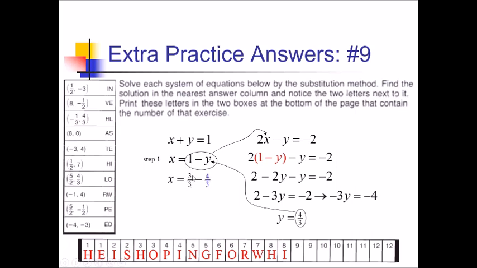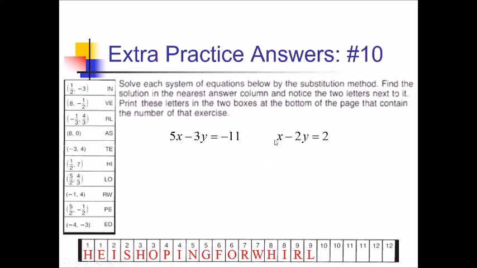So I have 3/3 minus 4/3. Subtracting our numerators, keeping the denominator the same, that's going to be negative 1 over 3. So that's our x value. Negative 1/3 comma 4/3 then would be our final answer. So that's going to be this RL right here. So in spots 9 and 9, let me put R and L and move on to the next one.